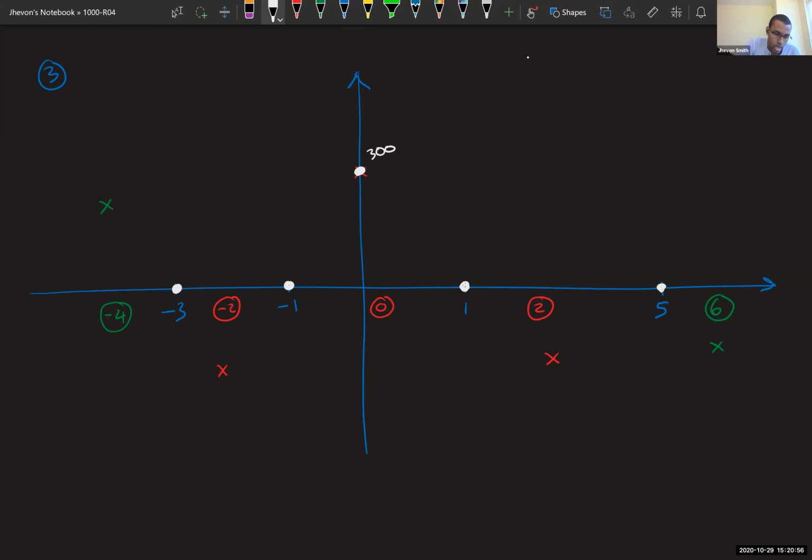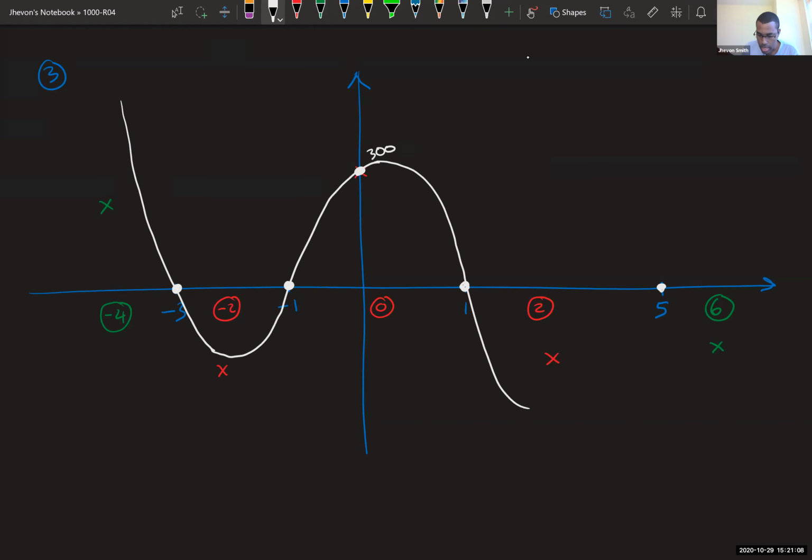So I know on the left, I should be above, but I need to come down and hit that. Now I need to go up and hit that. Now I need to come down and hit this. Now I need to go back up to hit the 5, but I need to stay down because according to the 6, I should be down like that. And so that would be the graph.